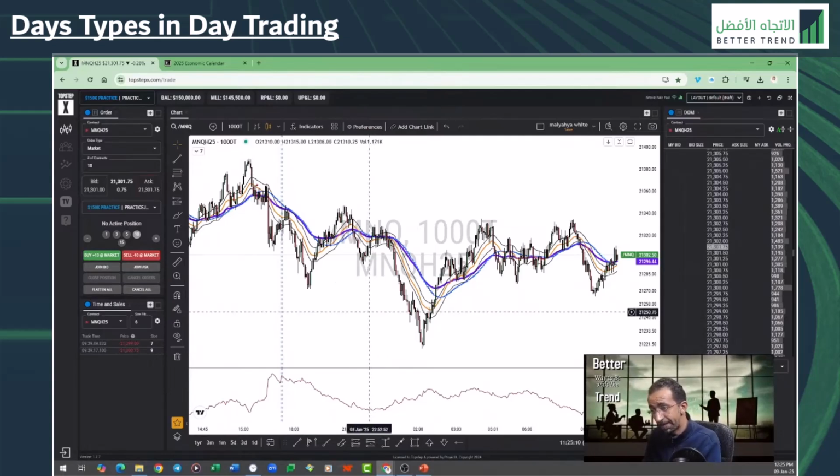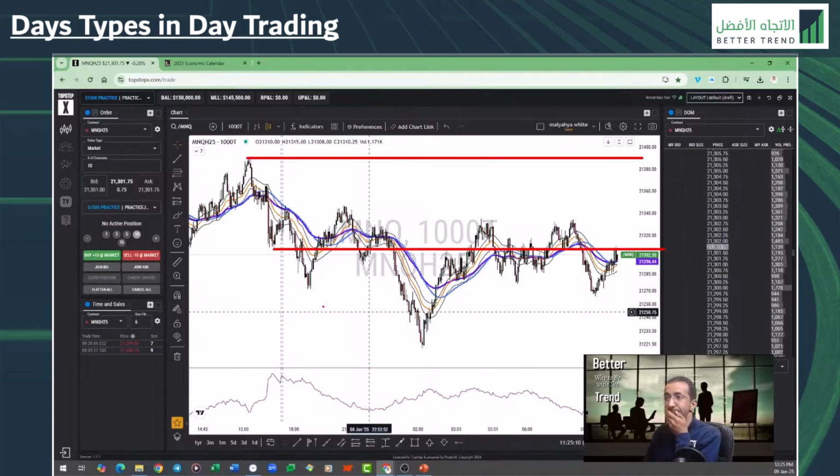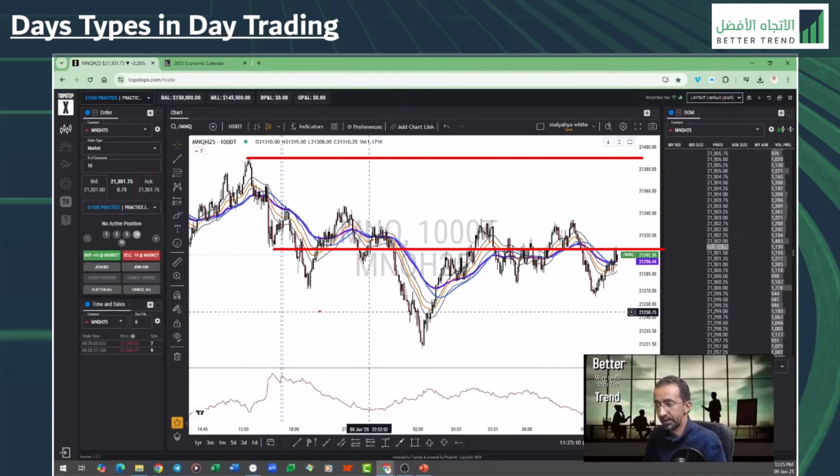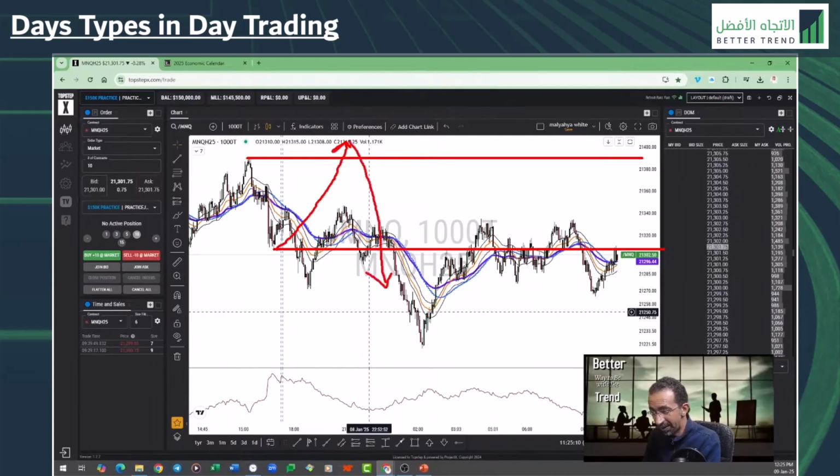A chop day is only when the market goes higher and then goes lower.